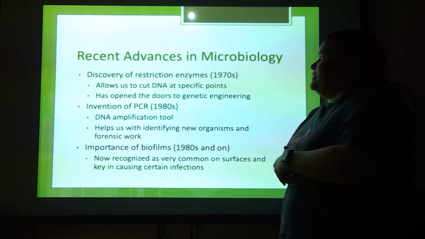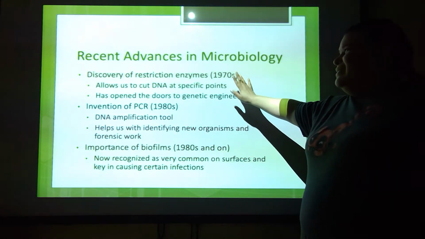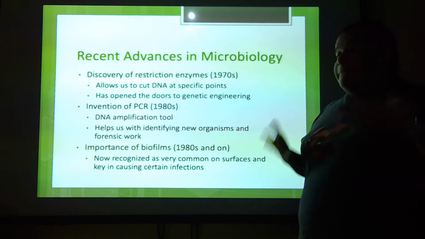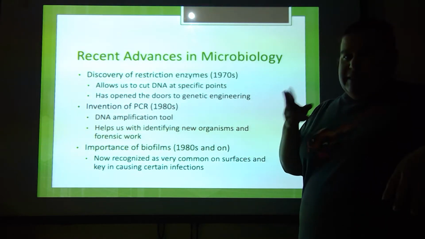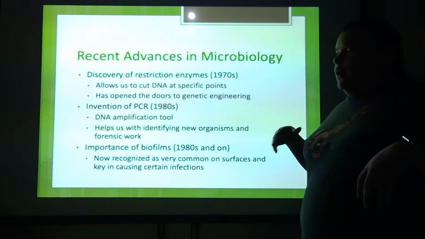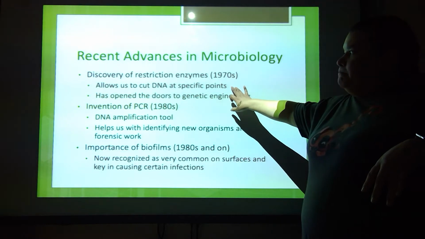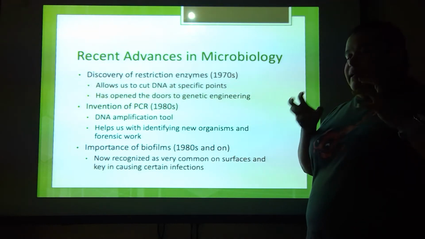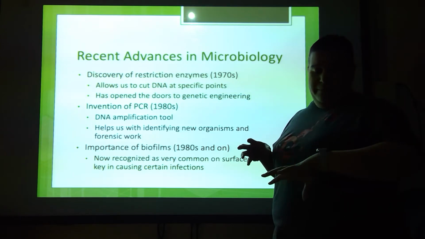So, recent advances in microbiology. The discovery of restriction enzymes in the 1970s. Basically, restriction enzymes are enzymes, things that cut, break things apart, that allow you to cut at specific points on DNA.